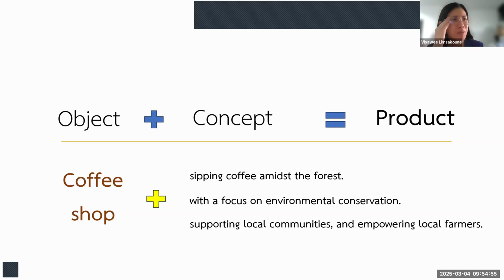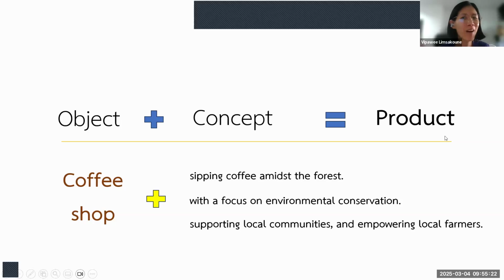Maybe one brand comes to your mind in Thailand. If you have been there, when you get into the cafe, oh, it looks so green, with a focus on environmental conservation, a big part for a long time until now, supporting the local community and empowering local farmers.